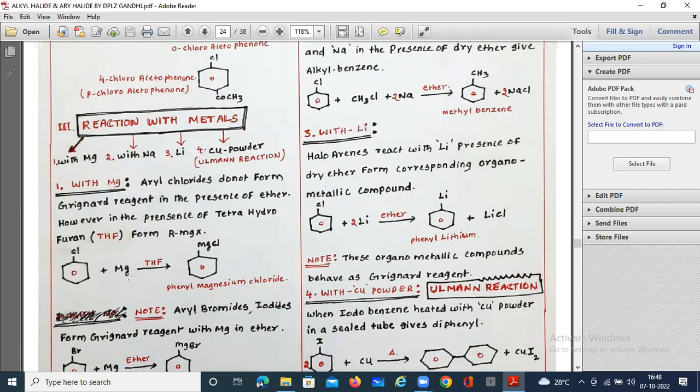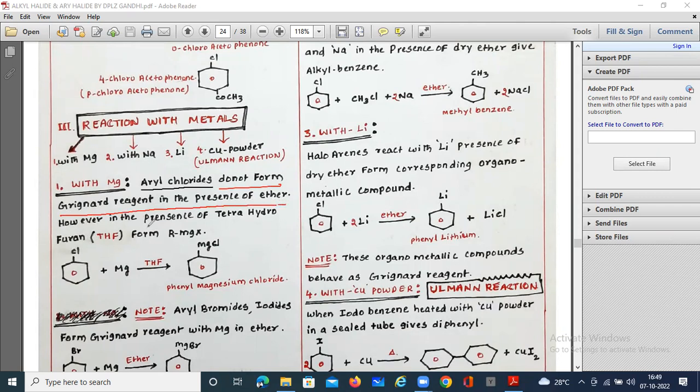So when haloarenes react with magnesium, see, one statement is there. Aryl chlorides don't form Grignard reagent in the presence of what? Ether.